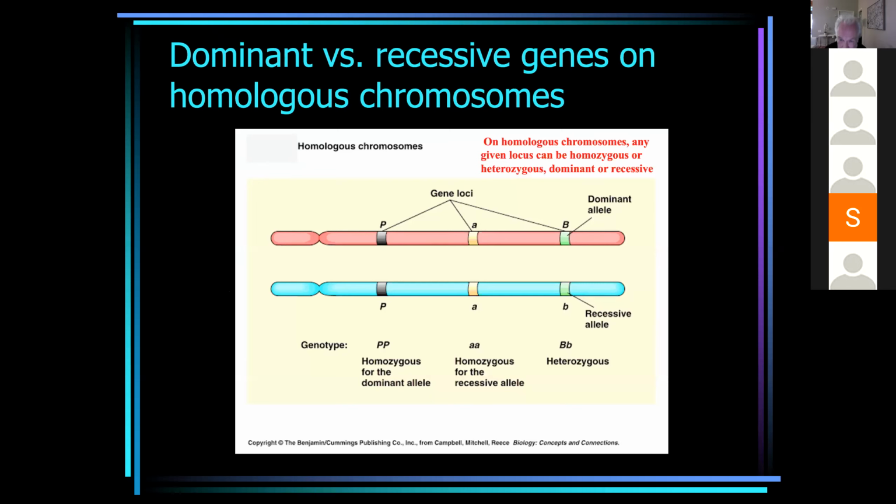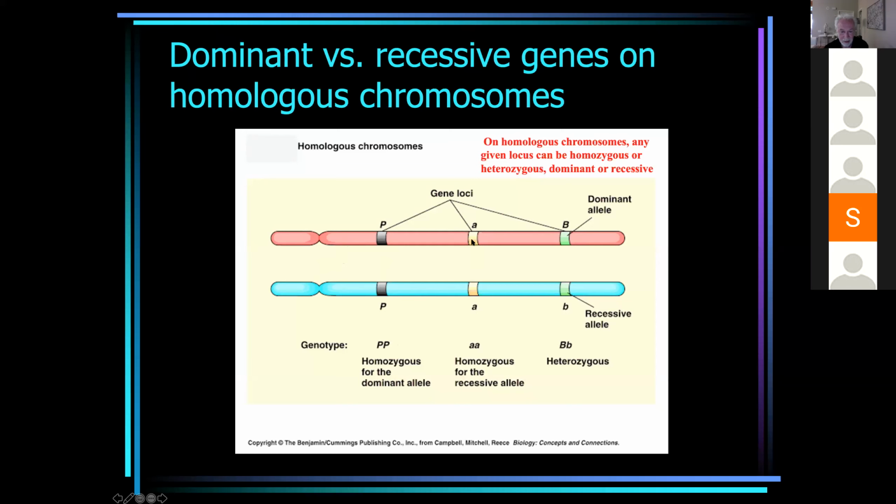So this just illustrates what we've been saying. On homologous chromosomes, any given locus can be homozygous or heterozygous, dominant or recessive. So here you have two homologous chromosomes, a pink one and a blue one. At the P locus, it's homozygous dominant. Both alleles on both of these chromosomes are big P. At the A locus, it's homozygous recessive.